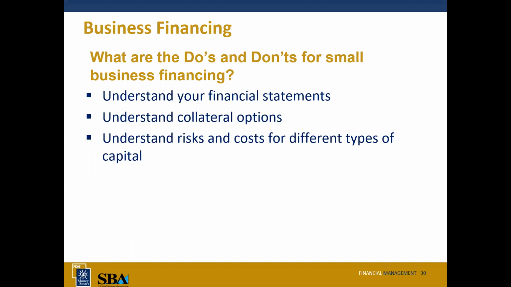But if you're not around anymore, then who's going to take over the business? Who's going to pay the debt back? Is the business going to continue to even operate? So there's different types of collateral. Key person policies are a part of a well-designed loan package, and your mentors could be helping you with that after this lesson. And then you need to understand the risk and cost for different types of capital.